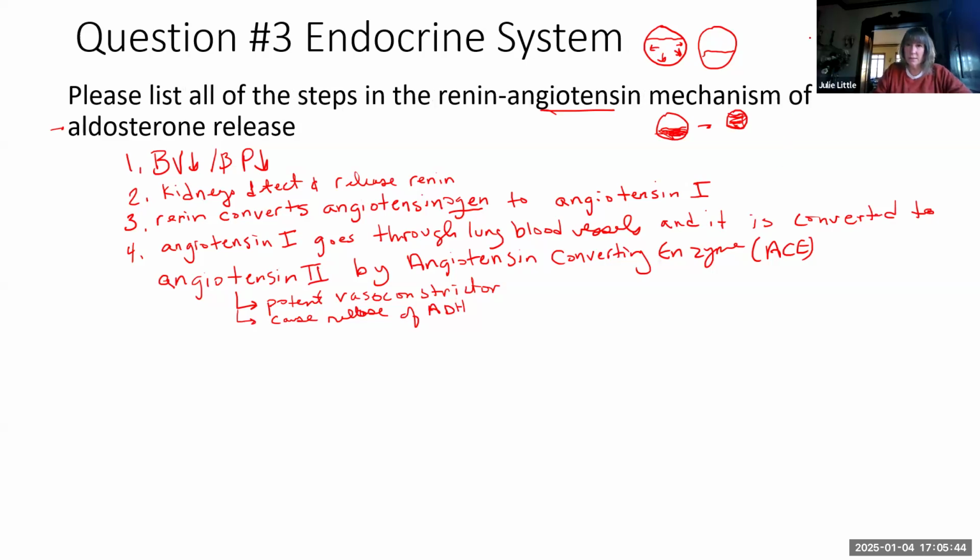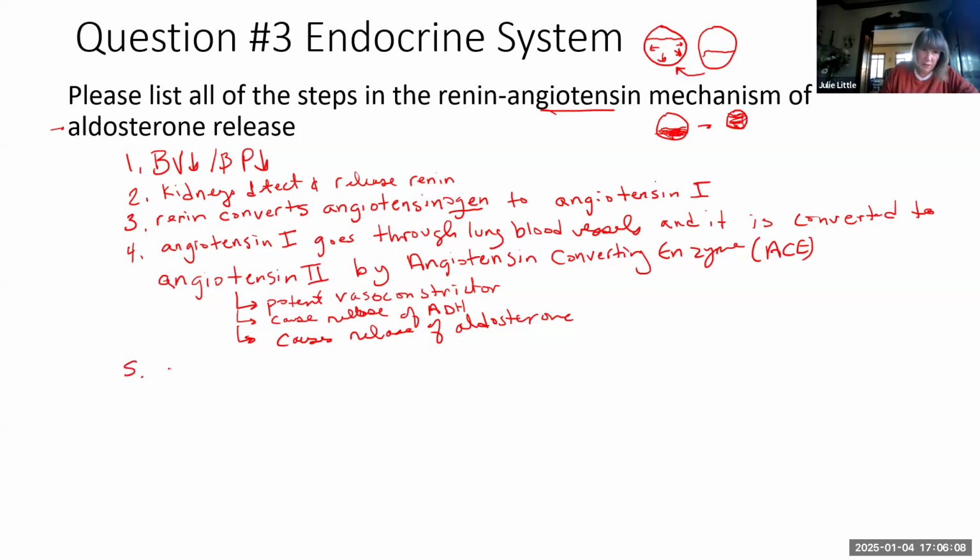Antidiuretic hormone takes blood volume and increases it through the kidneys. We know that from the past chapter. But more importantly than that, angiotensin 2 causes the release of aldosterone. That's the main thing that this question is going for.